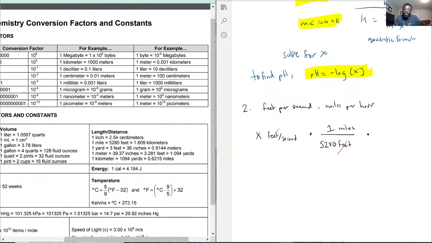So here's where I can introduce a new rule: think of it as, instead of just denominator for what you have and numerator for what you want, the opposite to represent what you have and the same to represent what you want. So if you have seconds in the denominator, you want what you have, which is seconds, in the numerator, and you want what you want, the hour, in the denominator.